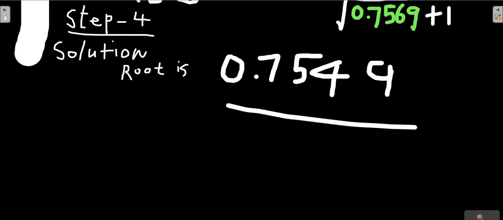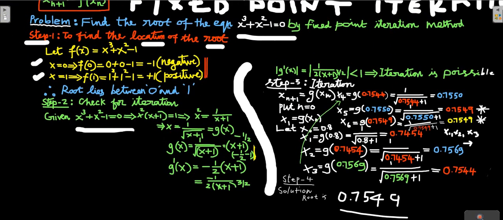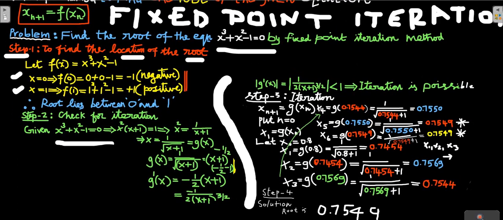This is the root of the equation. So this is a way we can solve any problem by what is called the fixed point iteration method. We can solve this type of problem.